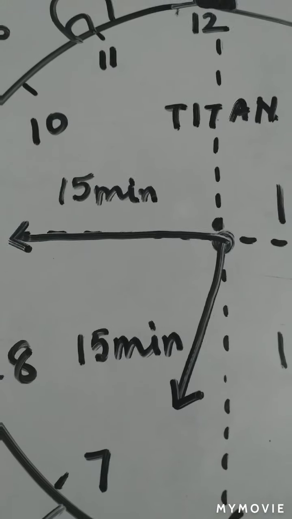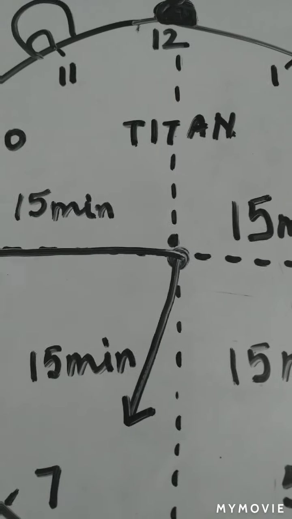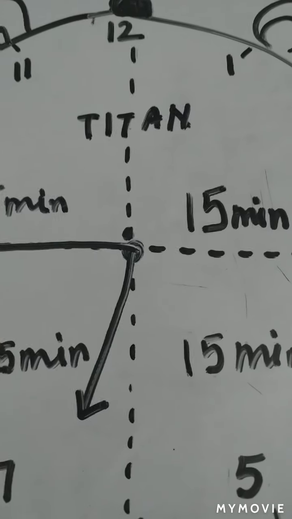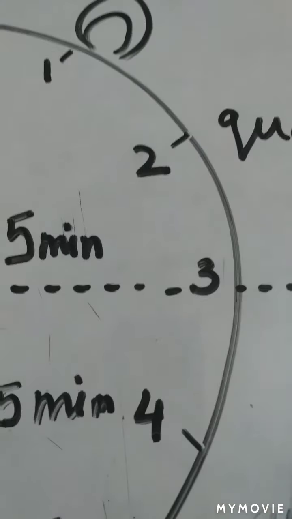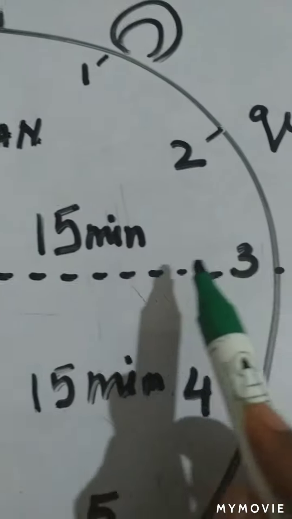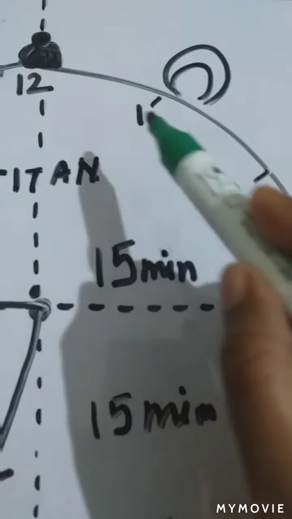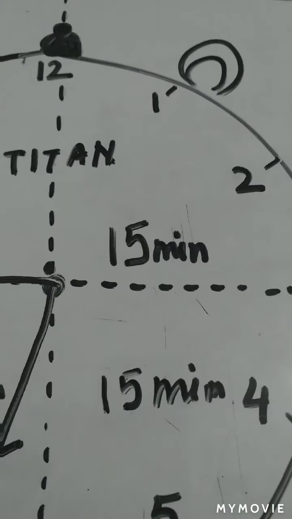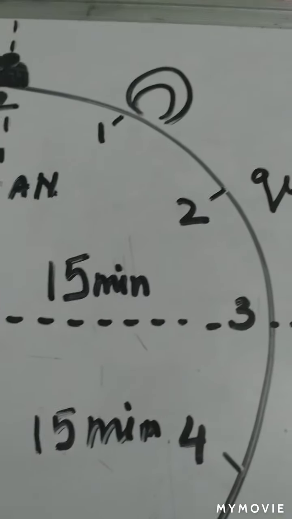Okay, and quarter past means it is past that hour. When we have to show quarter past, the minute hand will come here. 15 minutes have passed. Past means 15 minutes have passed. For example, quarter past 4.